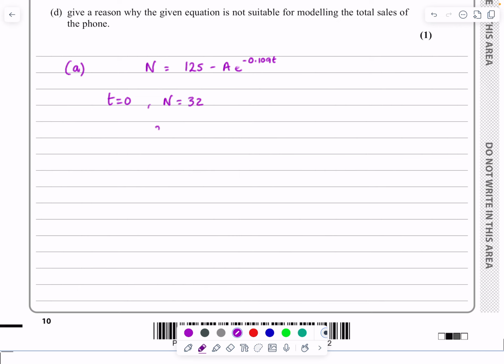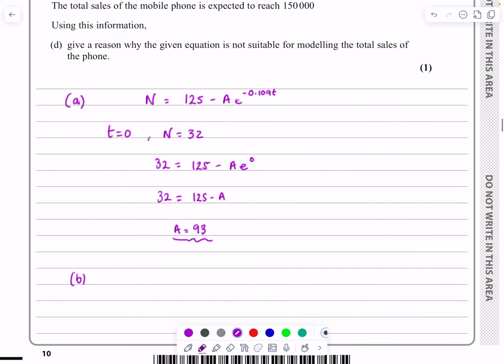So we get 32 is 125 minus A, and because t is equal to 0, e to the 0 is 1. So that gives me that A works out to be 125 take away 32, which is 93. Okay, part A done. Let's have a look at part B.